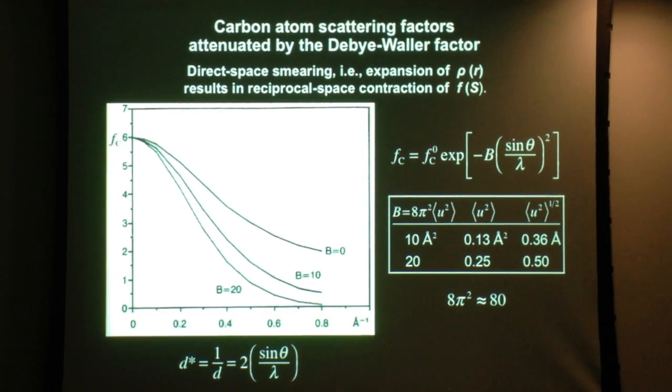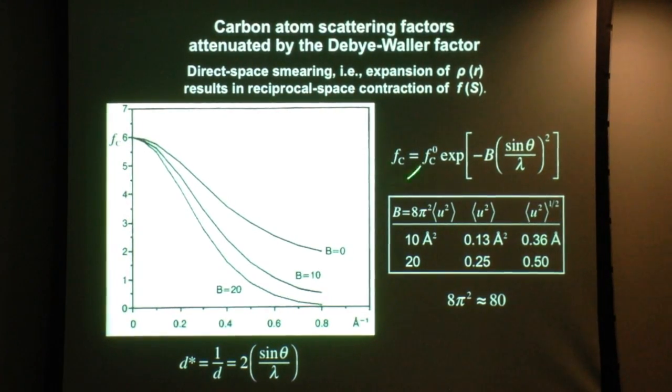Therefore the scattering from it is weaker, and it's more difficult for you to find in electron density maps. I don't look at so many electron density maps anymore. Just for meditation purposes.